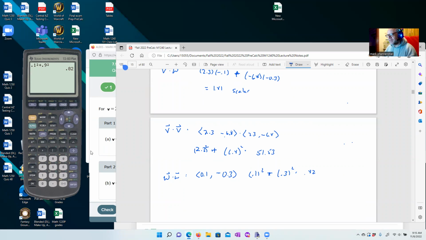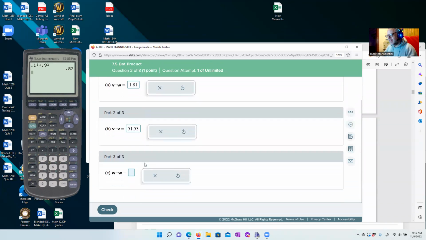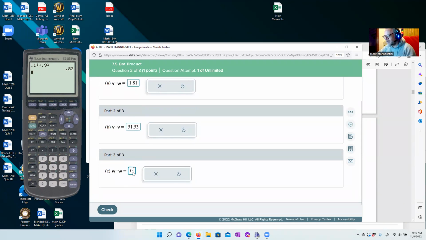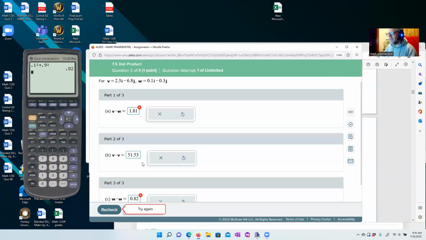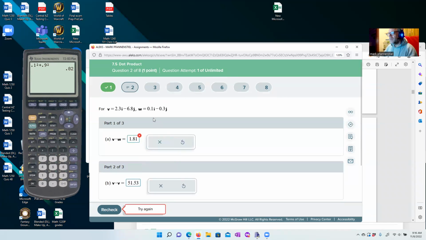So that's all we're going to do for that. Let's say 0.82. We'll check that. Oh, they didn't like that. What did I do wrong? W dot W, did I write down the right ones? 0.1 squared, oh, plus 0.3 squared.